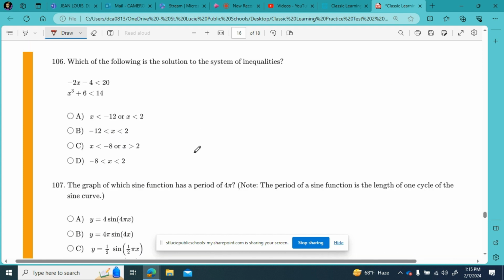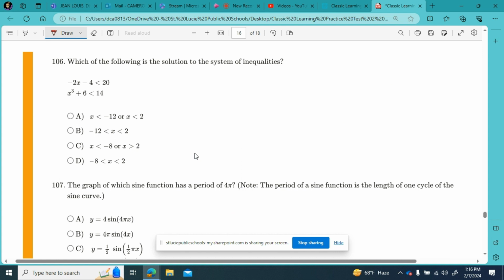And question number 106. Which of the following is the solution to the system of inequalities? When we're doing this, we can start with isolating our x's.